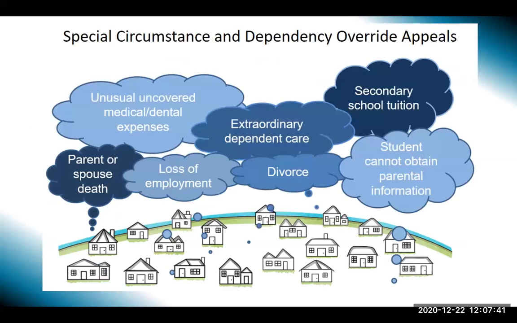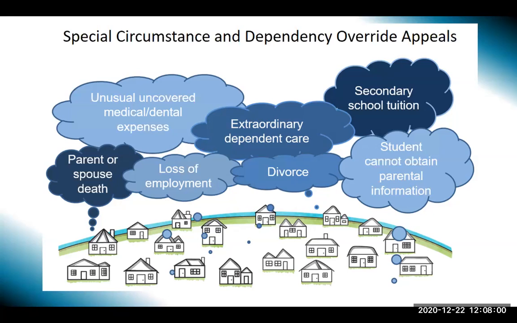At Folsom Lake College, we offer special circumstance appeals and dependency override appeals as well. We have these available because we understand that situations arise and things change, so we want to make sure that your financial aid application is correctly reflecting your current situation if it has changed.